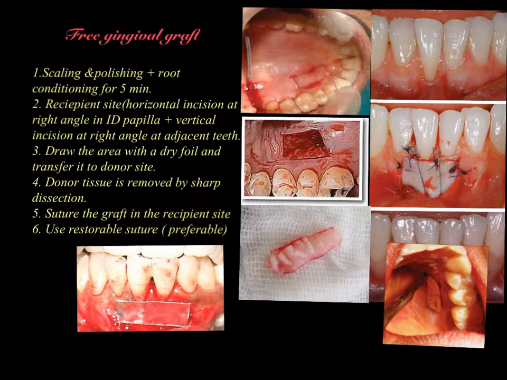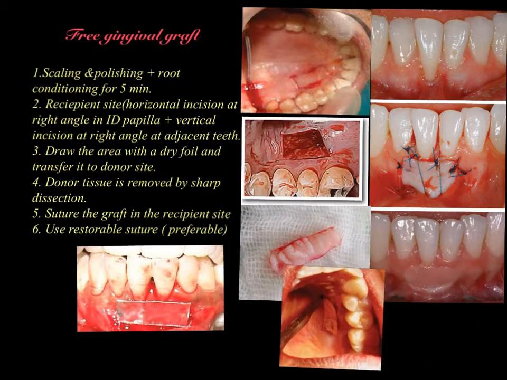And once this graft has been harvested, any fatty tissue must be removed using a fine surgical scissor or a scalpel, leaving only the connective tissue under the surface epithelium. Surgical dressing may be used or maybe not. Just one disadvantage of the epithelialized free gingival graft is that it retains the color of the donor tissue.